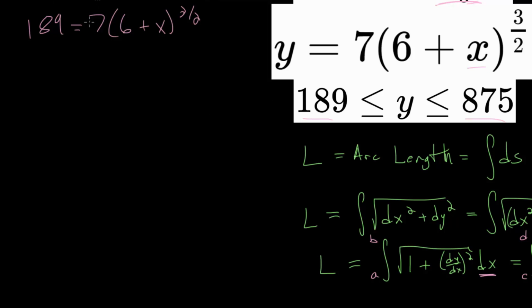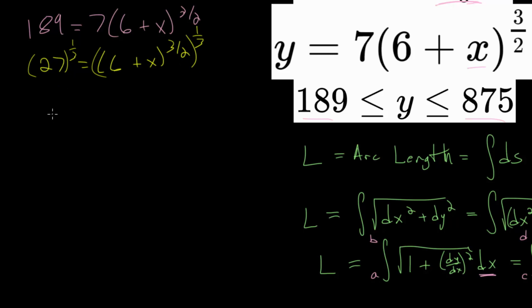We can start by dividing each side by 7, so that we get 27 is (6 plus x) to the 3/2 power. We can take a cubed root of everything so that we can cancel out the 3 in the numerator here, so that this just becomes a square root.